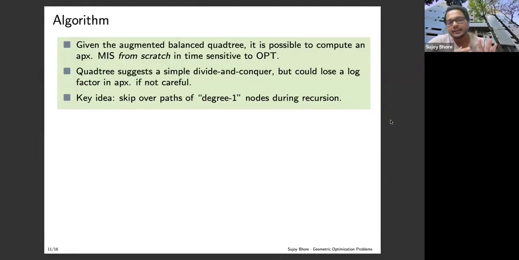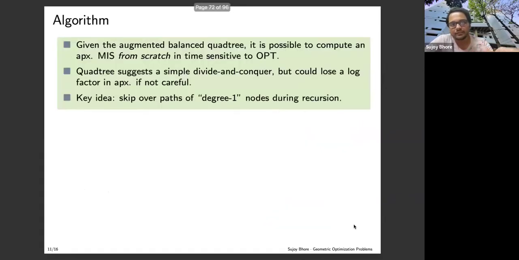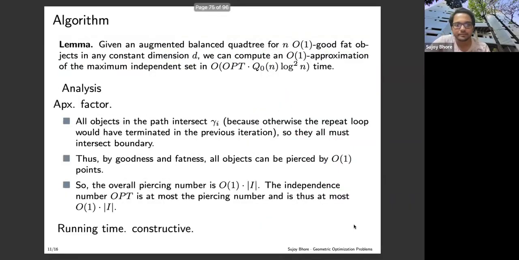So the key idea that saves us is that we skip over the paths of all degree 1 nodes during this recursion. I don't want to describe much more on this. I think this is enough as the generic idea of the algorithm.